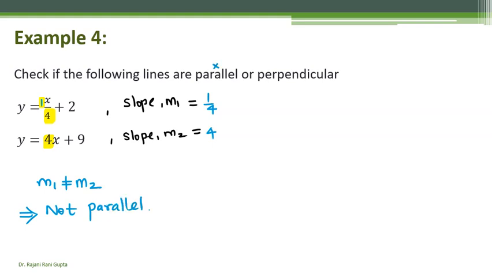Okay, it's not parallel. Now go for perpendicular. For perpendicular, what do you do? You multiply the slopes. So what is it? 1 over 4 times 4. Multiplying 1 with 4 because of the numerator, or you can simply cancel 4 with 4. No need to multiply it. Once you practice more, you will understand it.